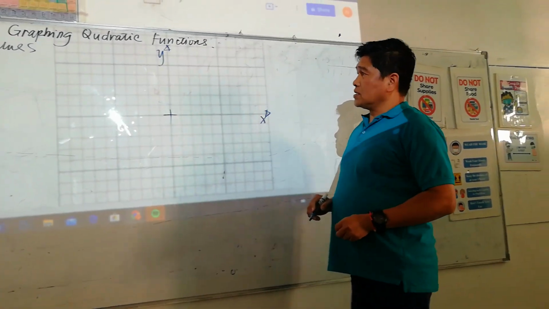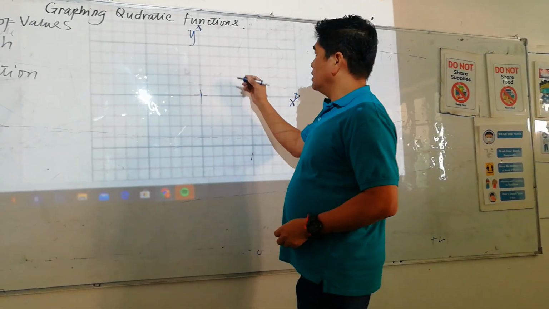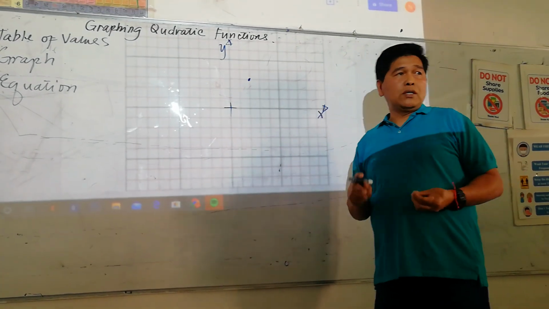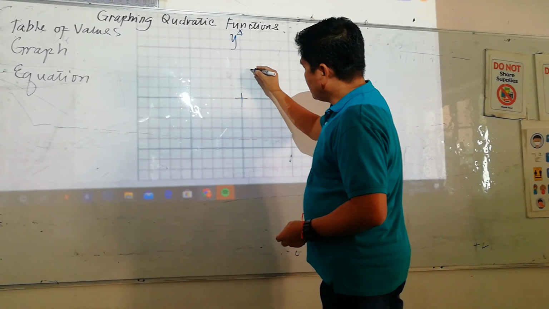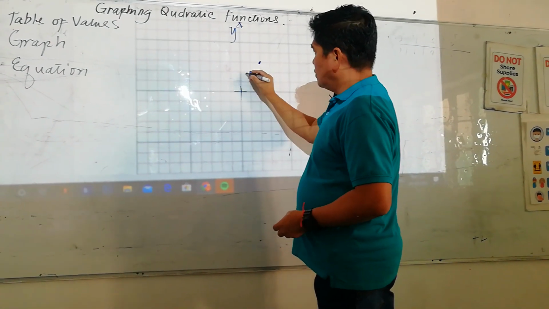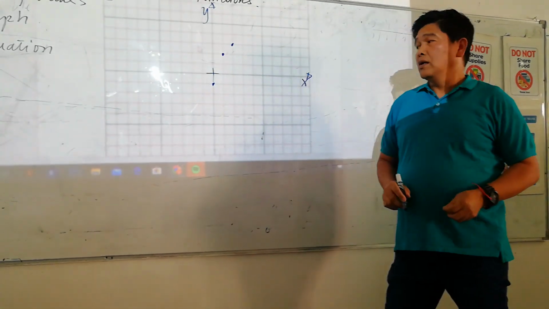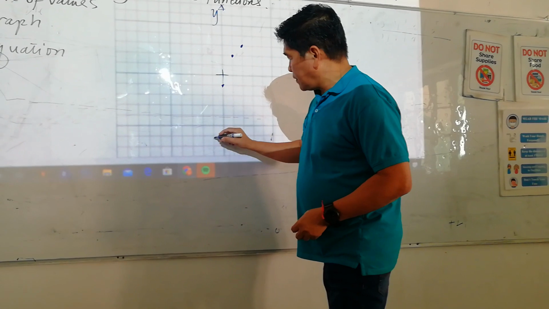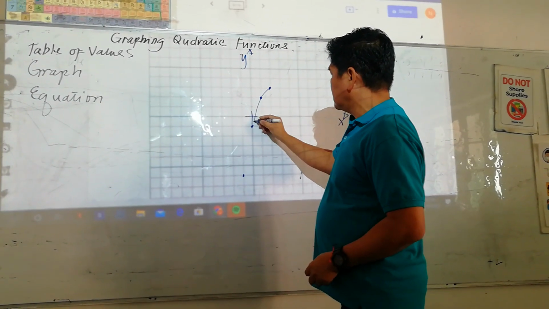Now, if the vertex of the quadratic function is located here, I will do the graph: 1, 1, 1, 1, 2, 3. Then 1, 1, 2, 3, 4, 5. So what is the equation for this?